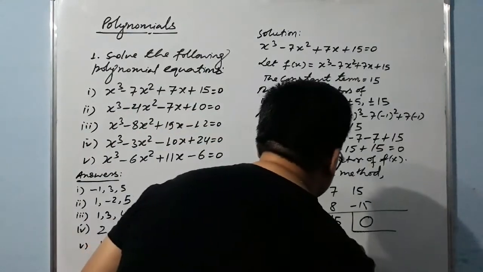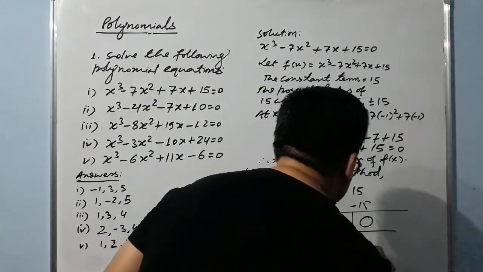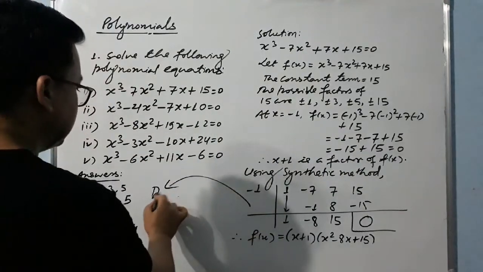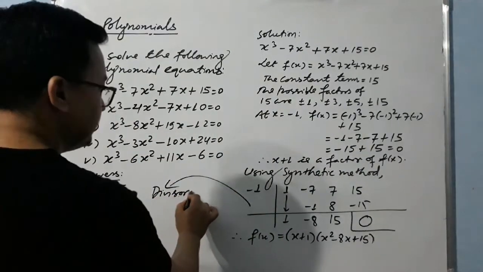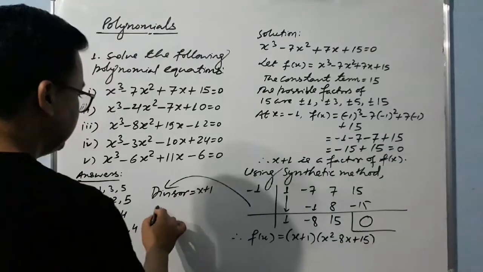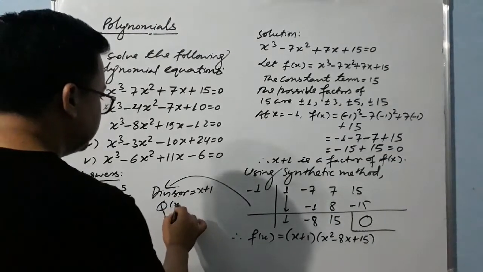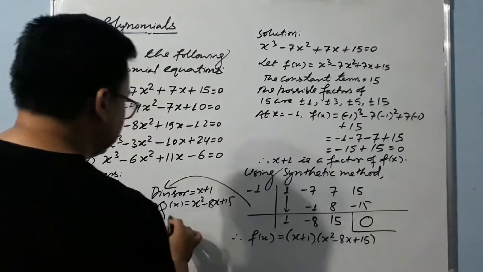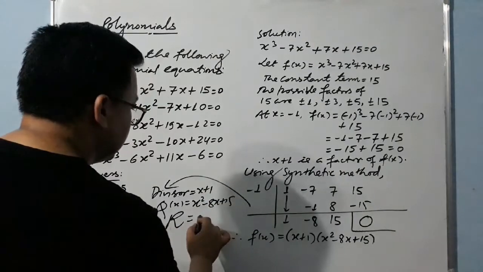Directly I have written minus 8x plus 15, and your remainder is 0. So here the divisor is x plus 1, the quotient is x squared minus 8x plus 15, and the remainder is 0.